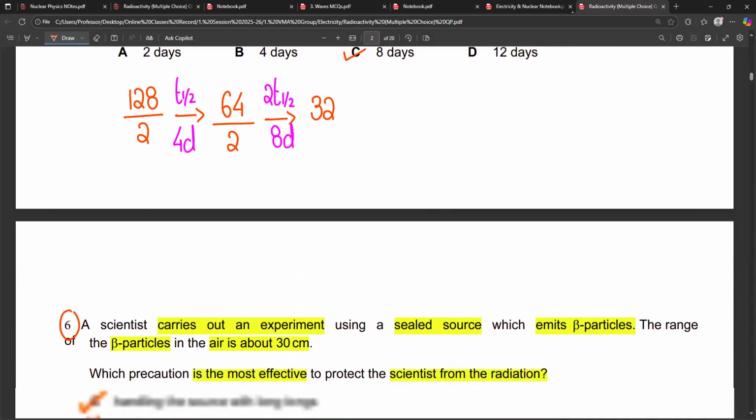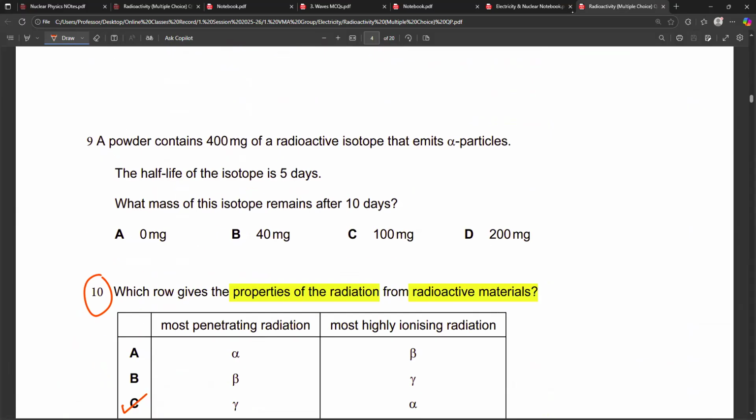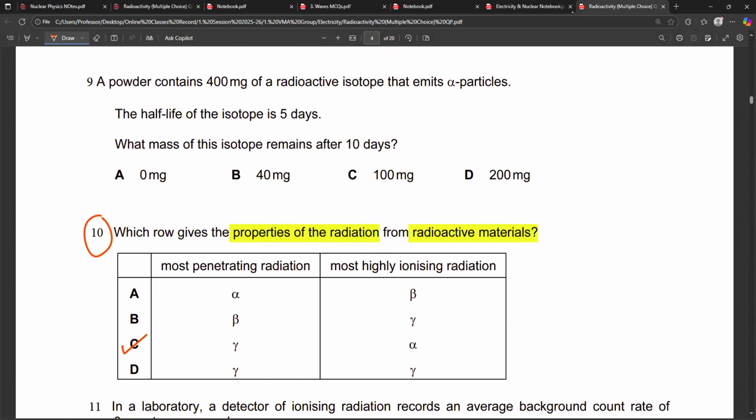In the same way, question number 9. A powder contains 400 mg of a radioactive isotope that emits alpha particles, and the half-life of the isotope is 5 days.